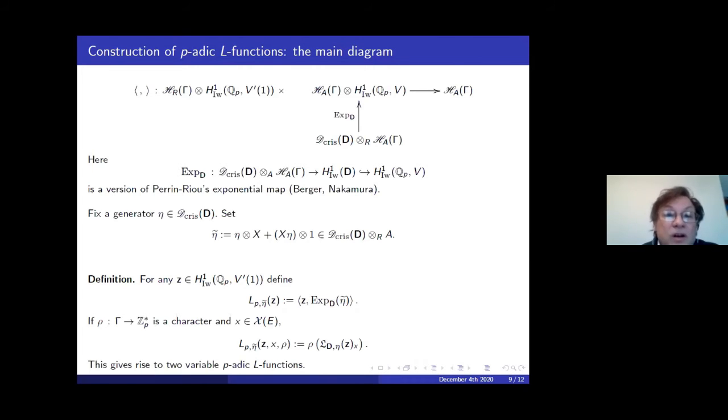Now, Perrin-Riou's construction of a large exponential map, or maybe probably better, its generalization by Berger and Nakamura, provides us with a map from the crystalline module of D tensor H A gamma, over R, this is important, we work over R, to this Iwasawa cohomology.